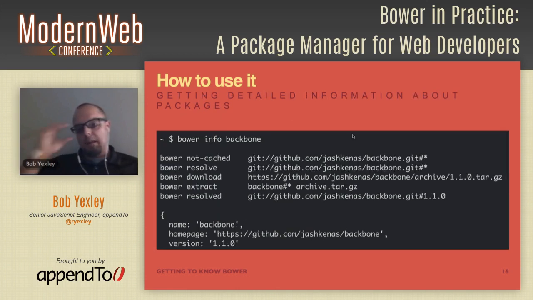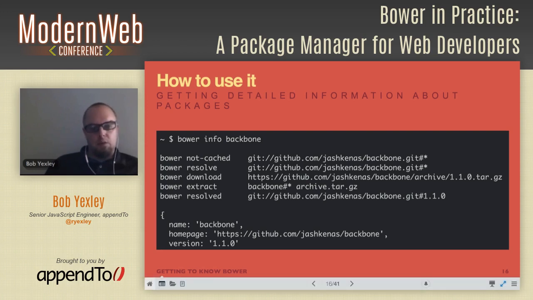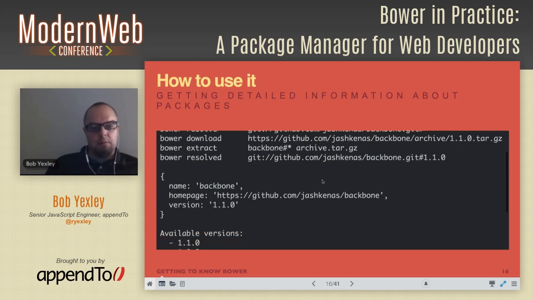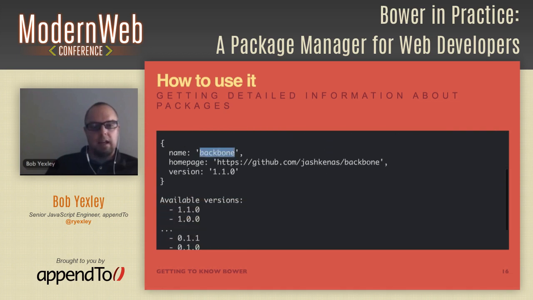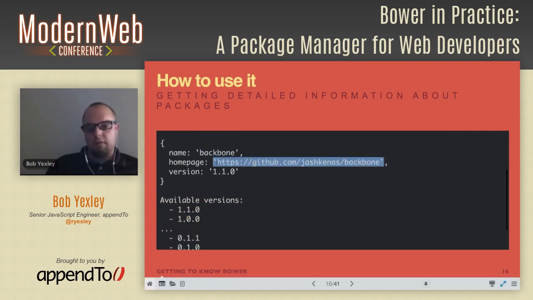Getting detailed information. If you want to know specifically what versions of Backbone are available, maybe you're working with a browser that requires a specific version of a library, you can say Bower info backbone, and it will give you all of this information specific to that library. It gives you the name, the home page, so you can verify is this in fact the Backbone JS that I'm looking for. It's the one maintained by Jeremy Ashkenas.